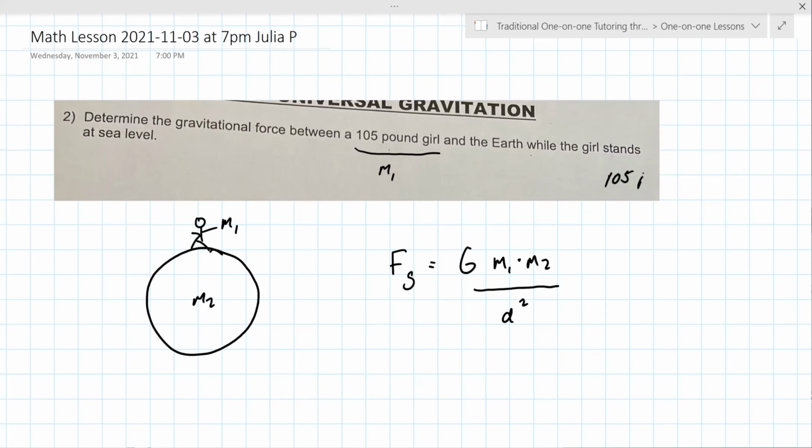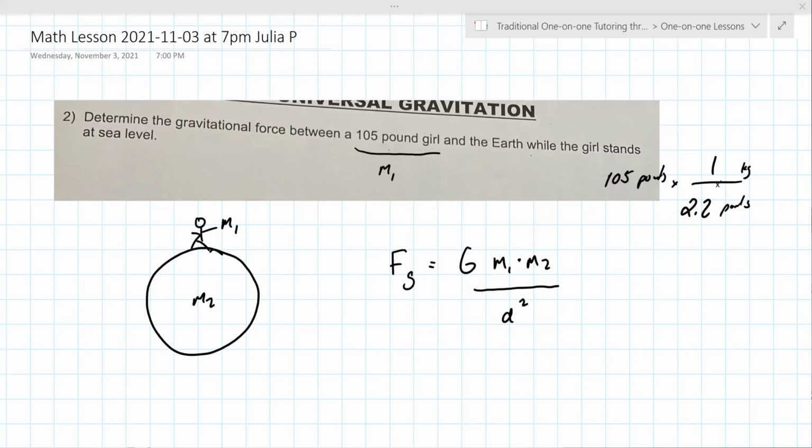So 105 pounds. Do you have the conversion from pounds to kilograms? Or kilograms to pounds, excuse me. 2.2 pounds is 1 kilogram. That's right, that's the generally accepted one. So you end up converting here, if you got your calculator, 105 divided by 2.2.